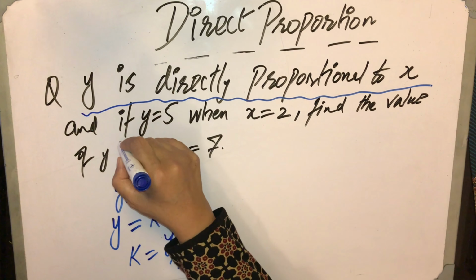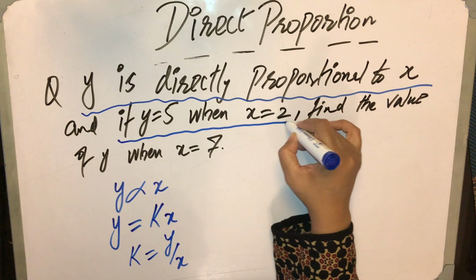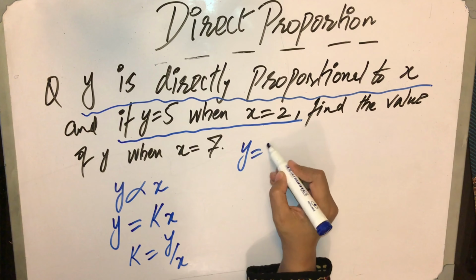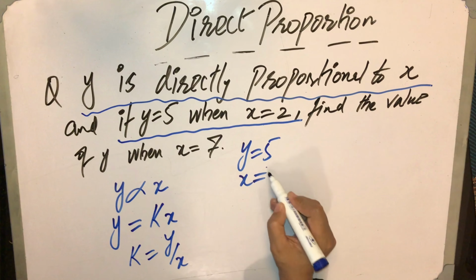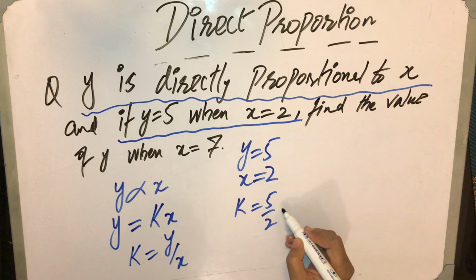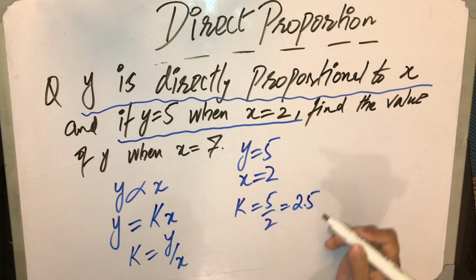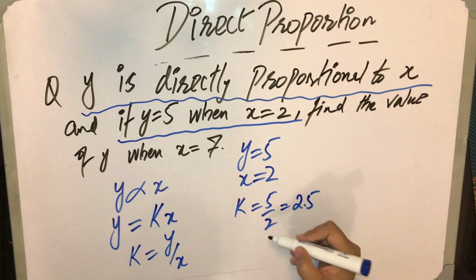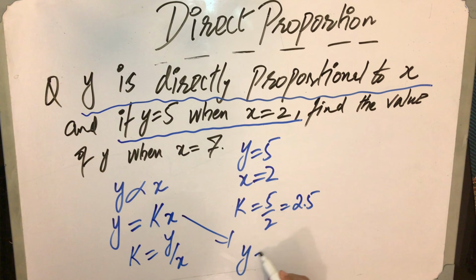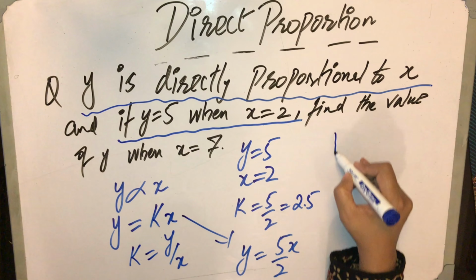This statement: if y is 5 when x is 2, this is the relationship. If y is 5 and x is 2, it will give me k equals 5 over 2, or you can have it as 2.5 if you want to go to decimal, otherwise leave it as 5 over 2, and I can write my equation as y equals 5 by 2 x or 5x by 2, one and the same thing.